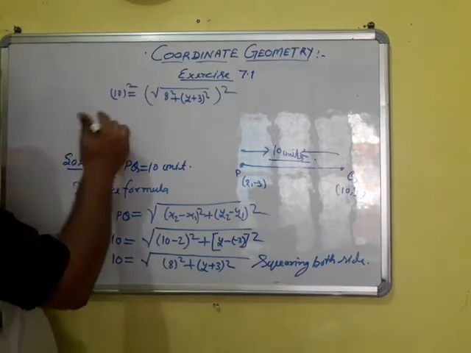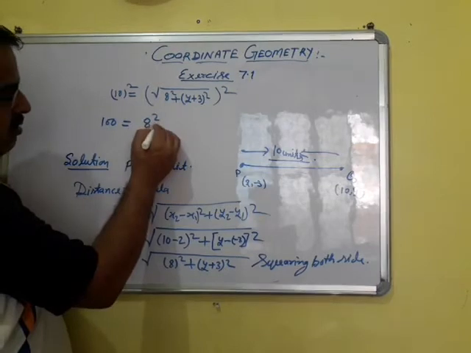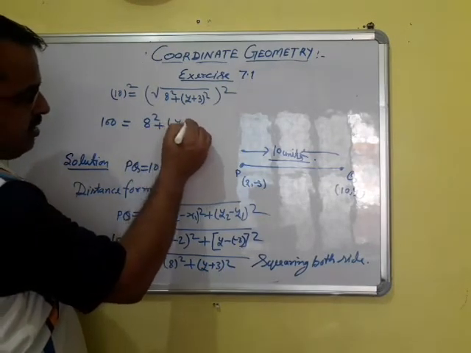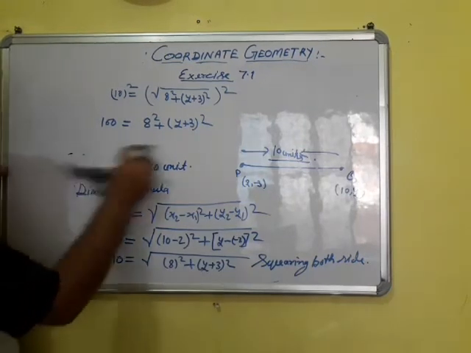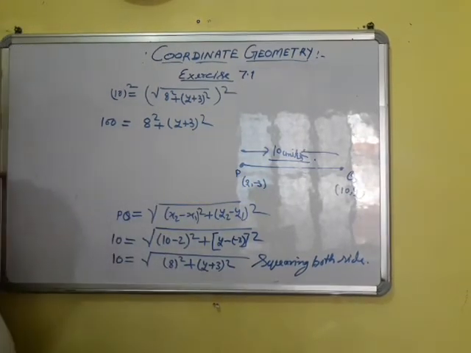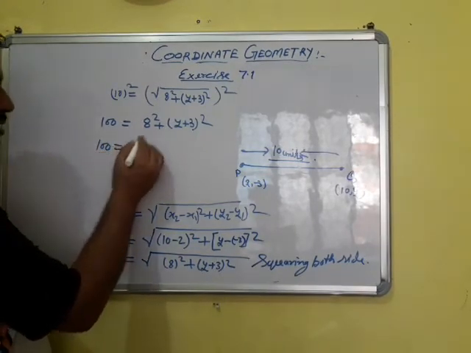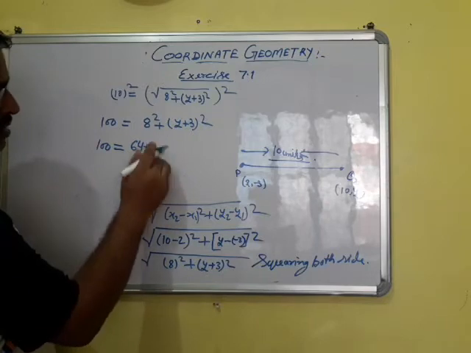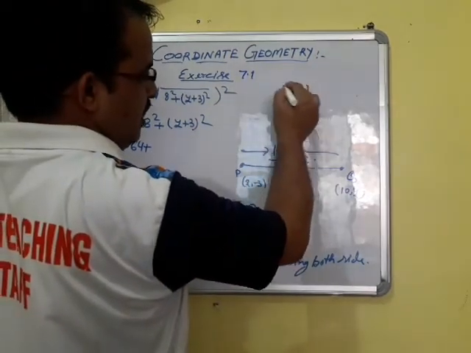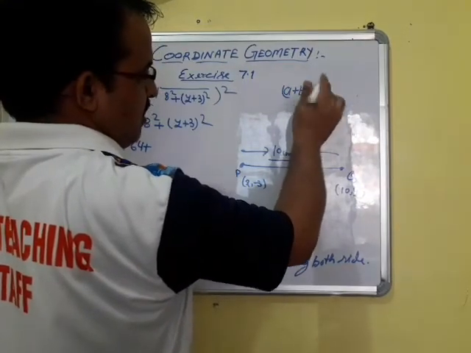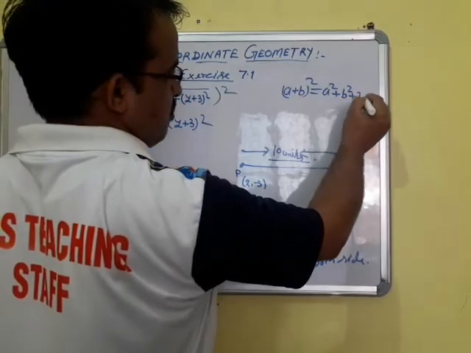So what we get here: 10 square is 100, and on the other side 8 square plus (y plus 3) whole square. Clear? Now find the value of y. This one is 100, 8 square is 64, plus use the identity (a plus b) whole square equals a square plus b square plus 2ab.